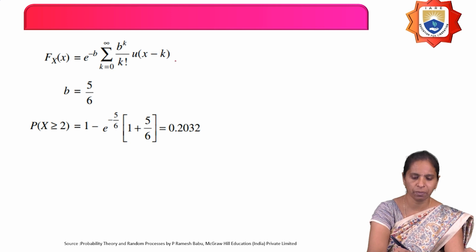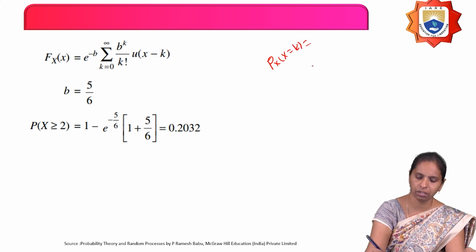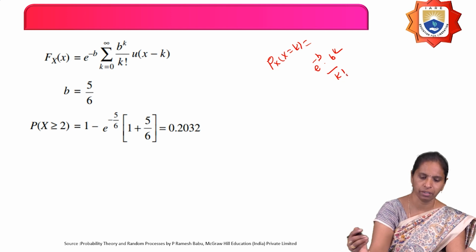Now, what is the probability that X equals k? It is e power minus b into b power k by k factorial.